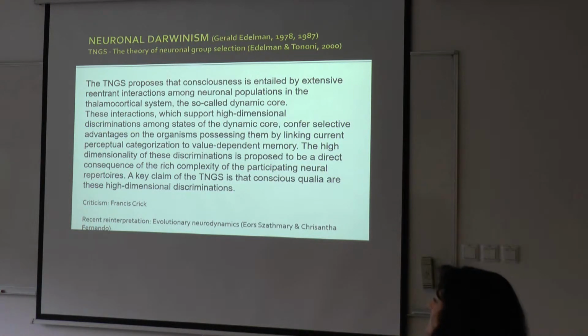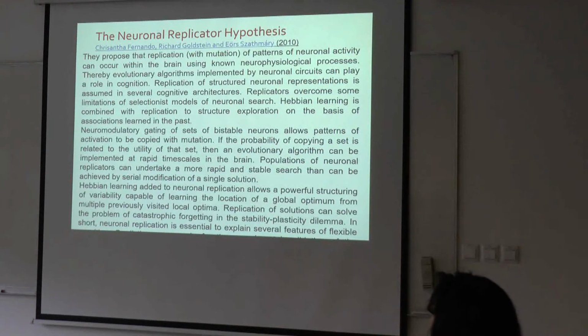Of course, there was criticism by Francis Crick, and a recent reinterpretation through evolutionary neurodynamics by Szathmáry and Fernando. Here is what the neural replicator hypothesis by Fernando in 2010 says: they propose that replication with mutation of patterns of neuronal activity can occur within the brain using known neurophysiological processes.